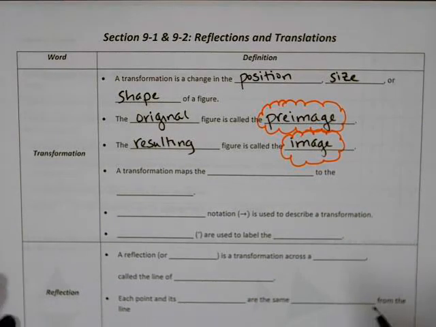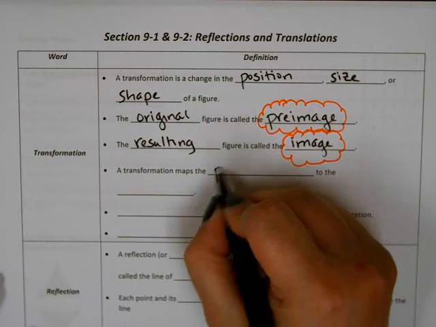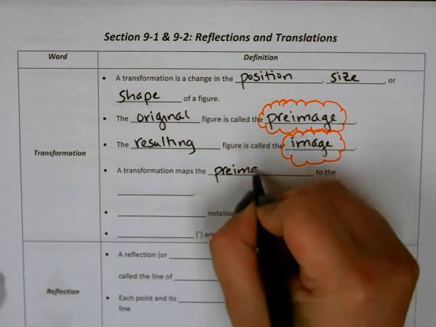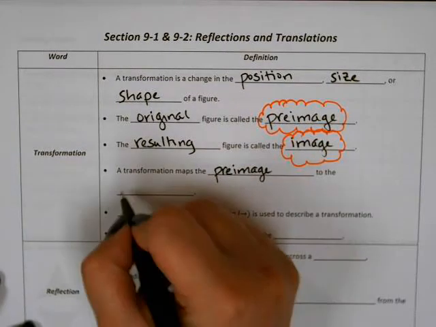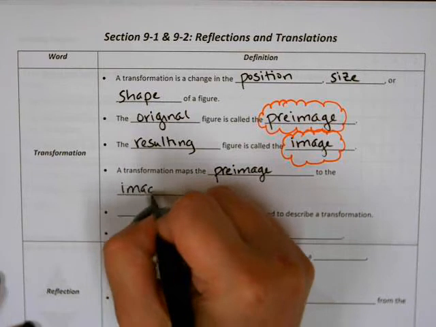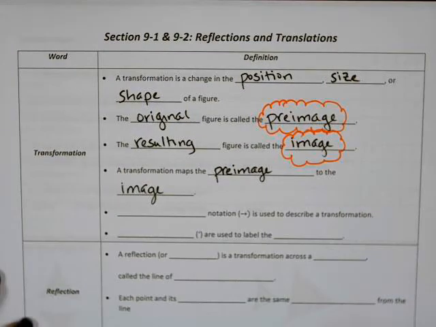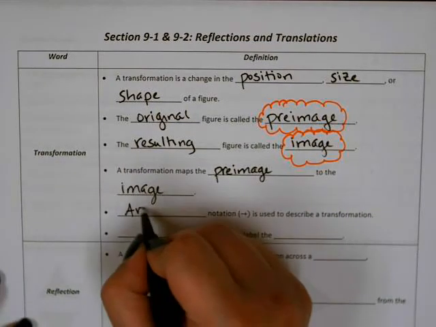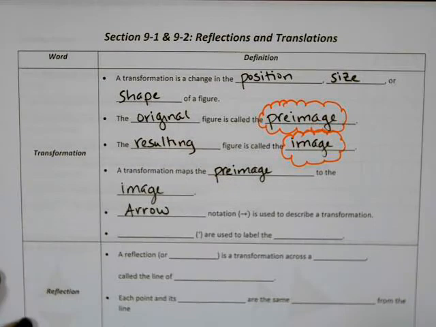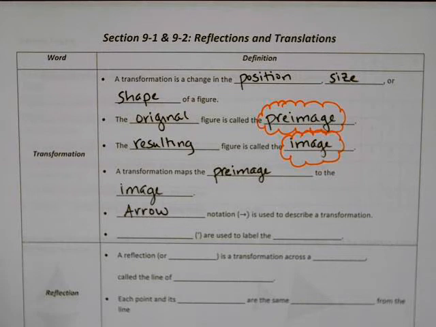A transformation maps the pre-image to the image. And we use an arrow notation to describe the transformation. Once we look at some examples, this will make a little bit more sense, so just bear with me on the vocab for a second.